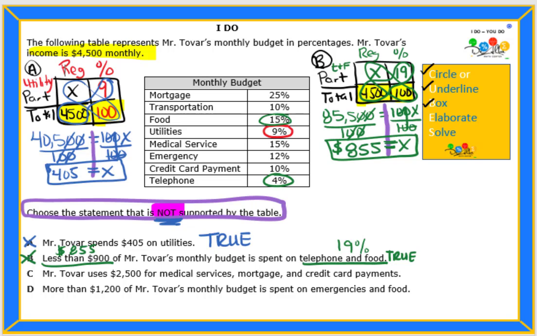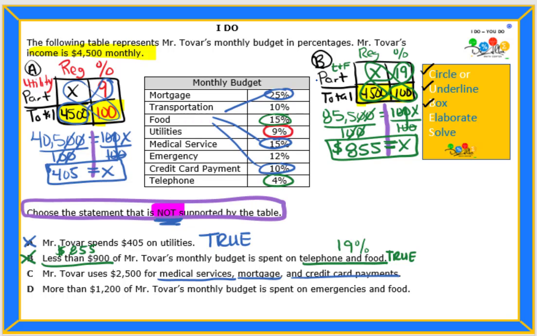So we're going to do medical services, mortgage, and credit card payments. So I look for those here. We have medical services, mortgage, and credit card. And we want to put all of those together.